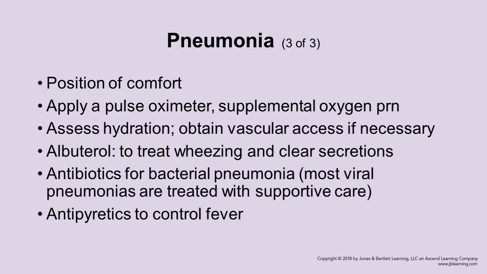And then the hallmark of treatment for bacterial pneumonia would be antibiotic treatment. You can usually make a good educated guess of what bacterial pathogens could be involved based on where the patient is coming from, whether that be from the community or the hospital setting. But antibiotic therapy will go a long way in treating bacterial pneumonias. And then antipyretics are a nice ancillary therapy as well, antipyretics being medicines that decrease fever.